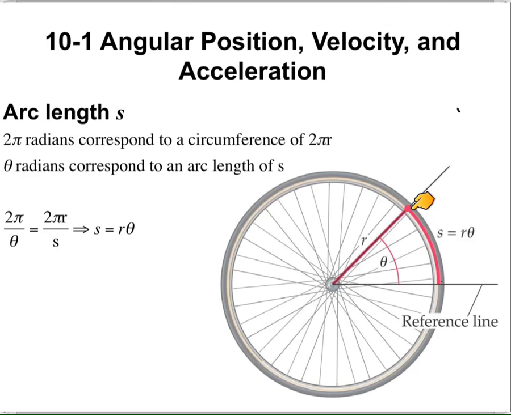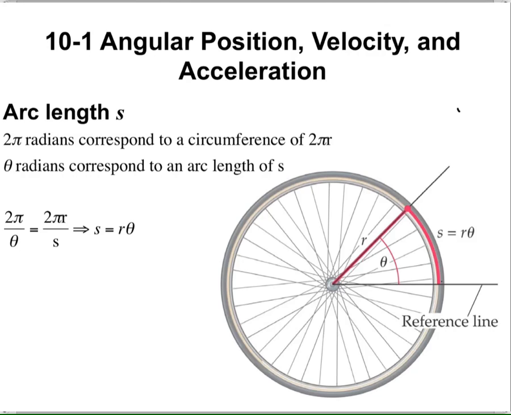If this wheel has a radius r, we know from geometry that this arc length, which we call S, is equal to r, the radius of the wheel, times theta in terms of radians. This is important: not in terms of degrees, not in terms of revolutions.